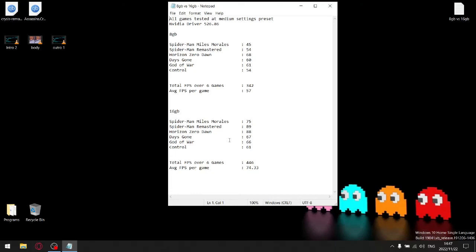Because you must remember, when you play a game, your operating system's running in the background. There's a whole bunch of other things happening in the background. So if you only got 8 gigs and the game's minimum requirement is 8 gigs, it's going to be putting a strain on your system.